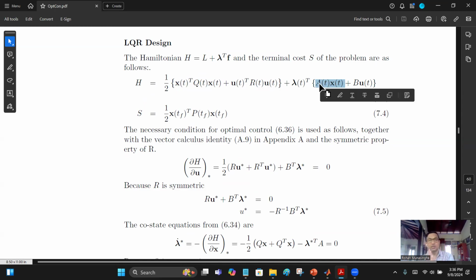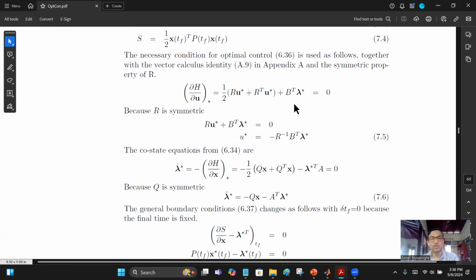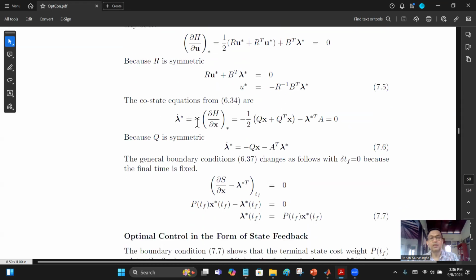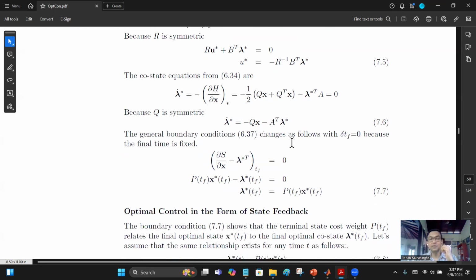The other two terms don't depend on x, so they're not part of this equation. Again, you know Q is diagonal, so Q and Q transpose are equal. So you can add these two together as just Q x minus A transpose lambda star. This is the optimal lambda.